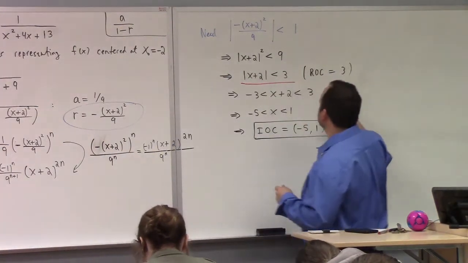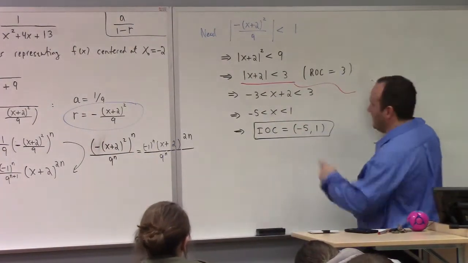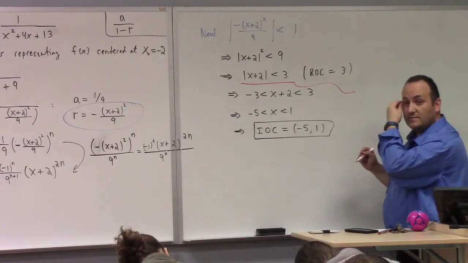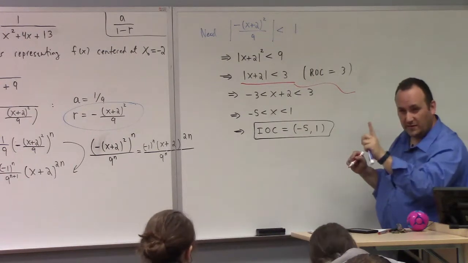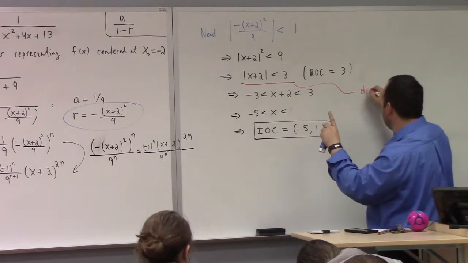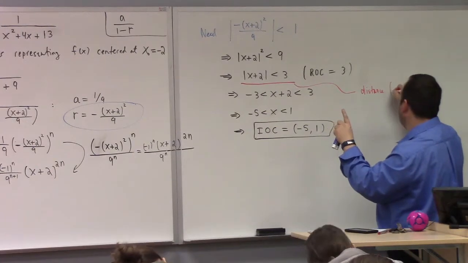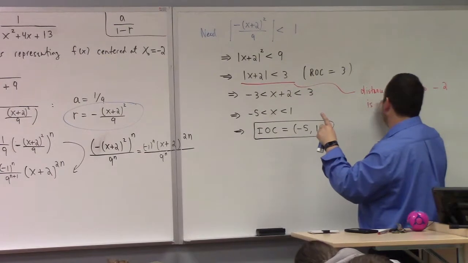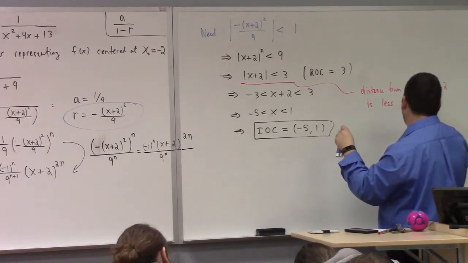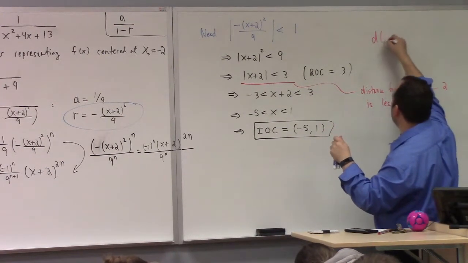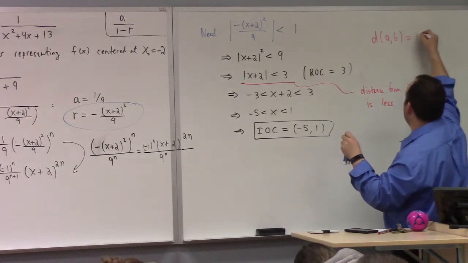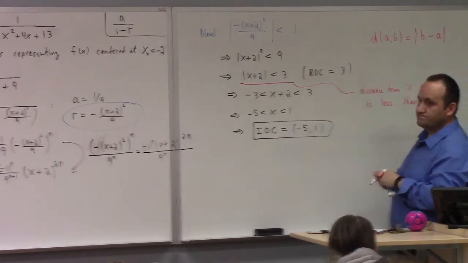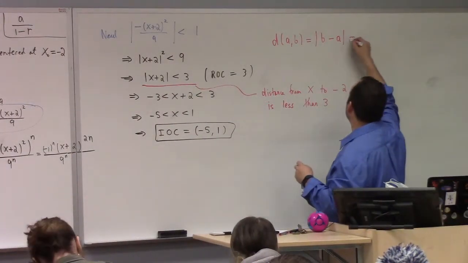When I read this, I see two different things. I see, yes, the absolute value of x plus 2 is less than 3. But another way to understand this statement is that the distance from x to minus 2 is less than 3. The distance between two numbers, a and b, is by definition the absolute value of b minus a, or you could do a minus b.